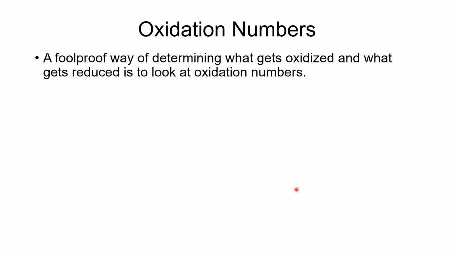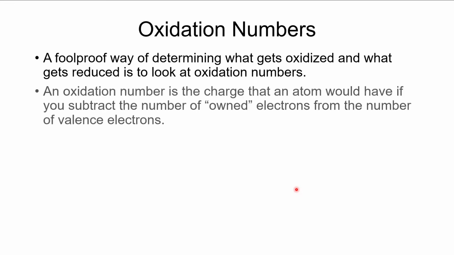So that foolproof way is to look at the oxidation numbers, and to get the oxidation number, it is the charge that an atom would have if you subtract the number of owned electrons from the number of valence electrons. Well, the number of owned electrons is going to be the number of electrons that are in bonds with atoms that carbon, which is what we're primarily interested in, is more electronegative than.